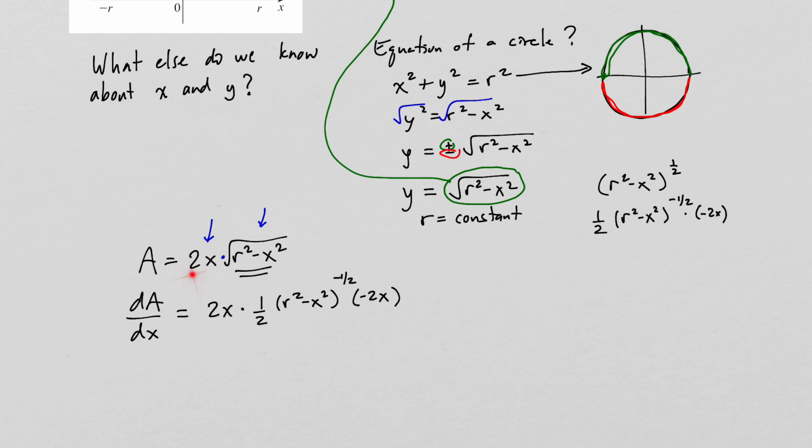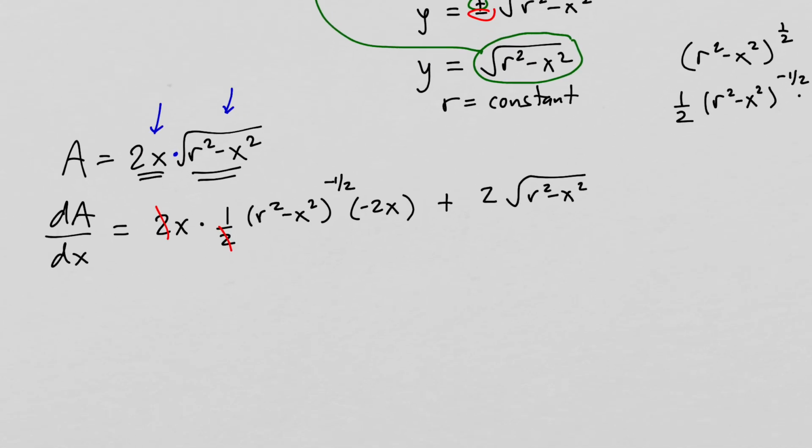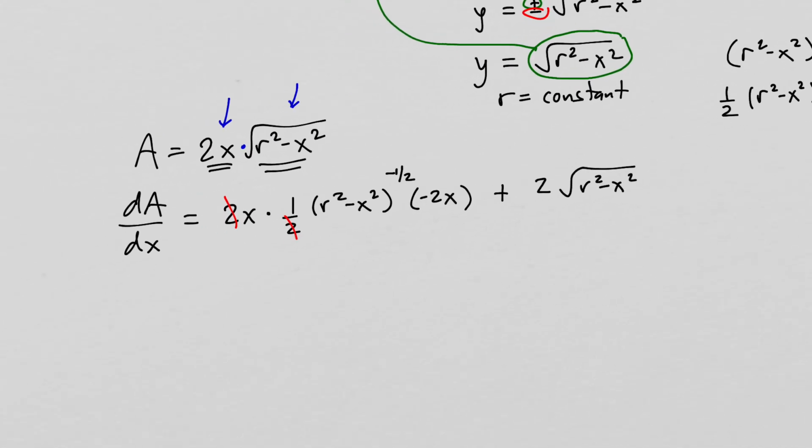Okay, so that is the first function times the derivative of the second function, plus now we're going to take the second function, square root of r squared minus x squared, and multiply it by the derivative of 2x, which is just 2. Now let's clean this up. So we got a 2 here, cancels the 2 here, and this becomes negative 2x times x is negative 2x squared.